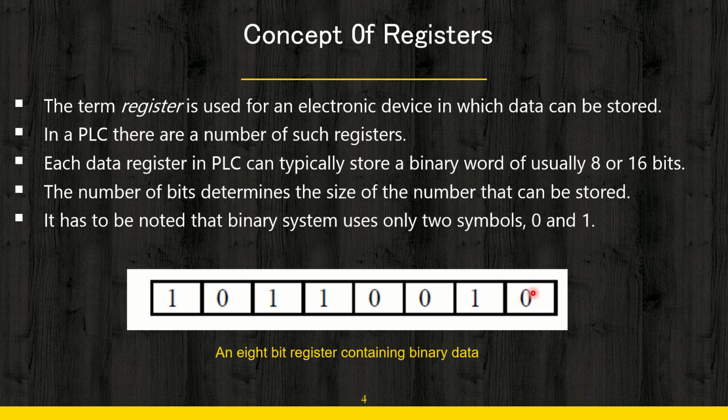If I consider only 1 bit of a register, it can hold either 0 or 1, because we know that microprocessors do not understand any other language than binary language. And in binary language, we have got only two things. Either it is 0 or it is 1.